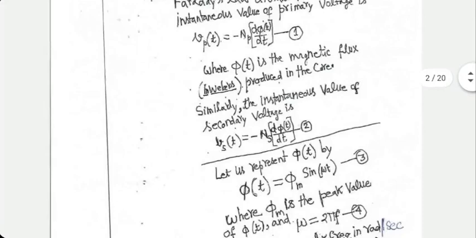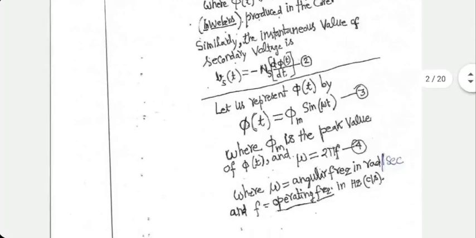Now let's say that the magnetic flux is represented by equation 3, where phi m is the peak value, which will be known to us in most cases. Omega is, of course, 2 pi f. You know that quite well. f is the operating frequency. Fine.